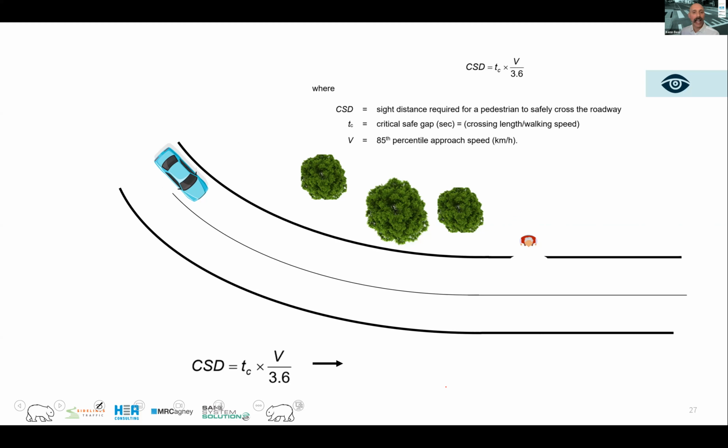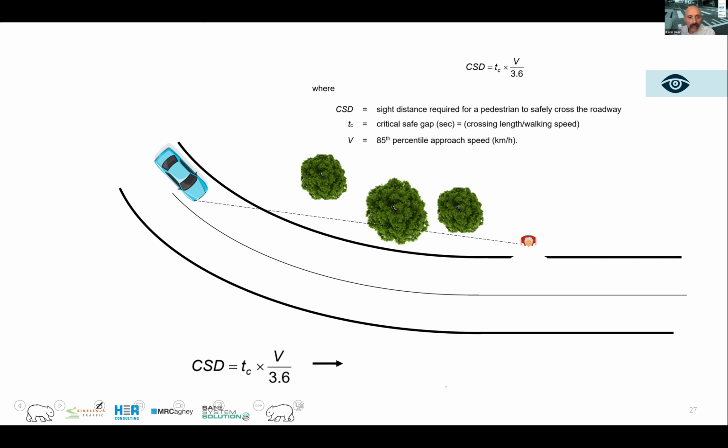So they've got to wait for cars and they've got to look for a gap, and they need a certain amount of distance to be able to see, to look for that gap and to make an appropriate speed, and then to dart across the road, okay? And what we do there is that's where we use that 1.6 or the speed of a walker, okay? So you've got that distance and they need to be able to cross, pick a gap and cross.